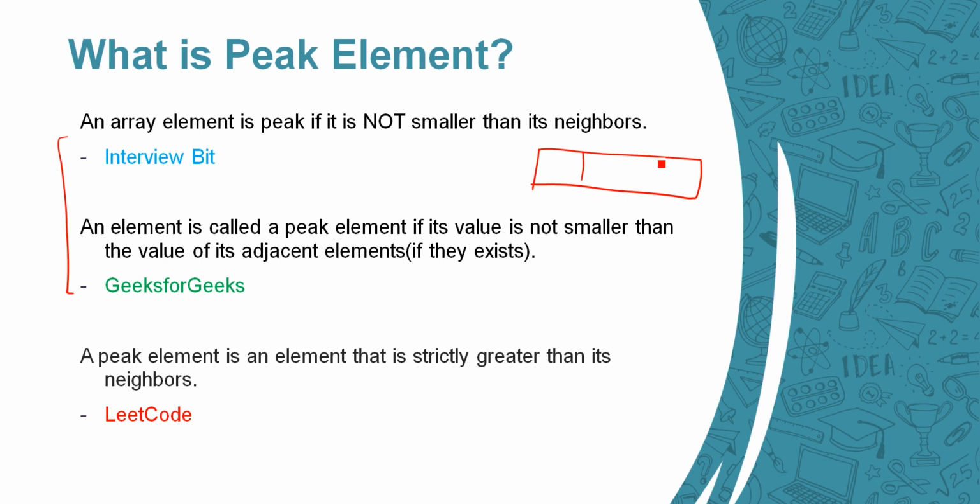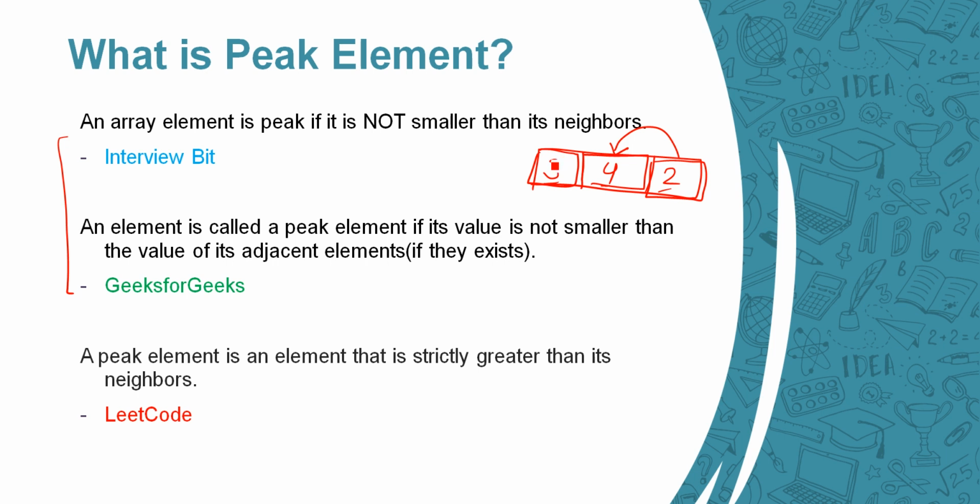Let's say we have an array of size 3, and in this array there are some elements, let's say 3, 4, 2. In this case, 3 has only one neighbor, which is 4, and 4 has two neighbors, 3 and 2, and 2 again has only one neighbor, which is 4.